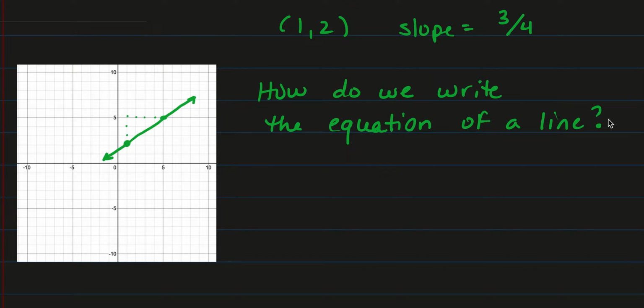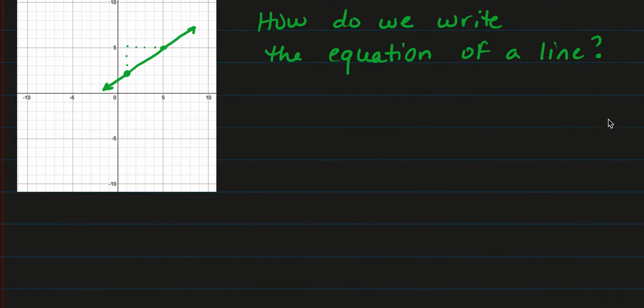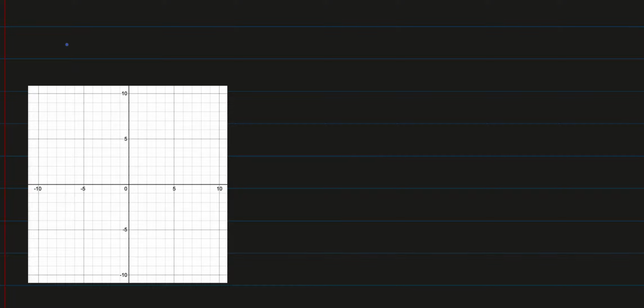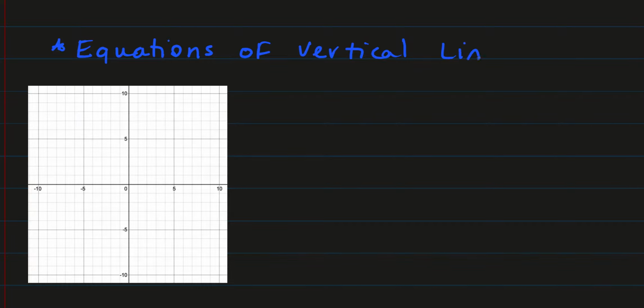So to start off, I'm going to give you the equation of a vertical line. So, equations of vertical lines. The best way to do this is to do an example. So let me give you a point.